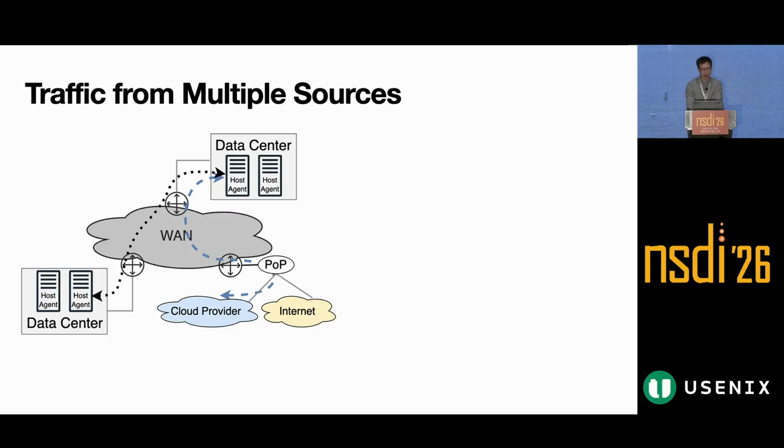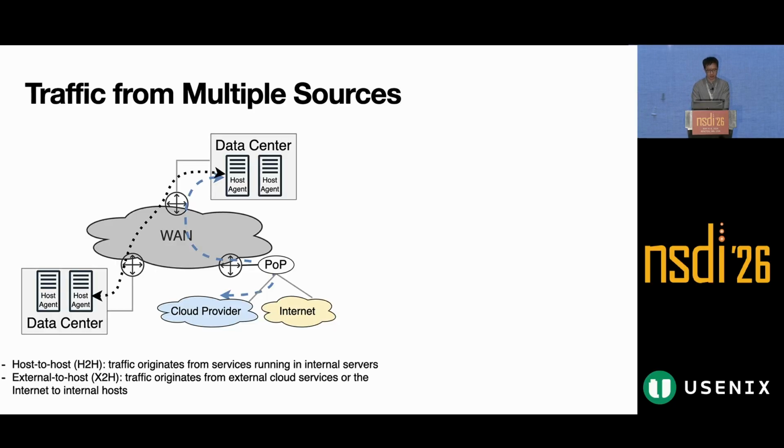External means traffic originates from cloud services or the internet to internal hosts. For example, load balancers are deployed with a third-party cloud. These load balancers forward traffic through our WAN to backend servers in remote data centers. This approach enables flexible and fast workload expansion and leverages our WAN to deliver more optimized performance.